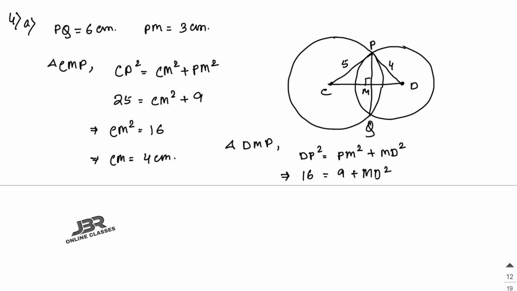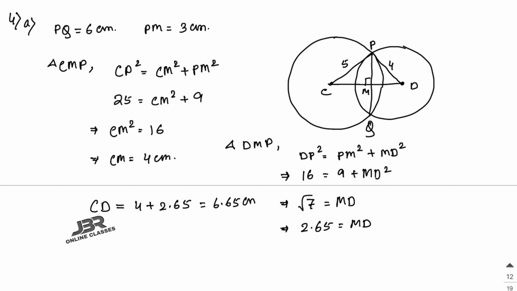So that means 16 minus 9, it's 7. So root 7 equals MD. Now you know that the value of root 7 equals 2.65, correct up to 2 decimal places. So now you have to find the value of CD. So 4 plus 2.65, and that is 6.65 centimeter as your final answer.